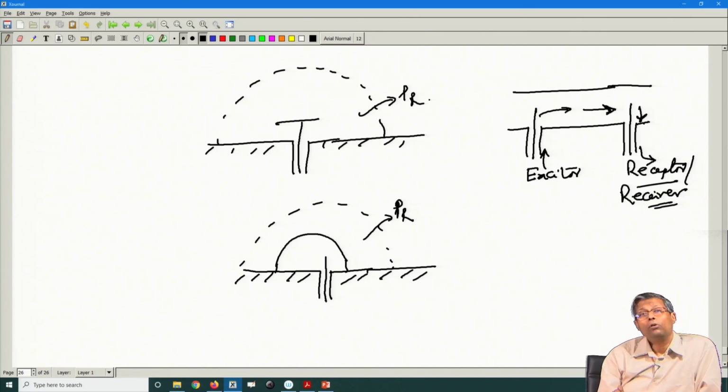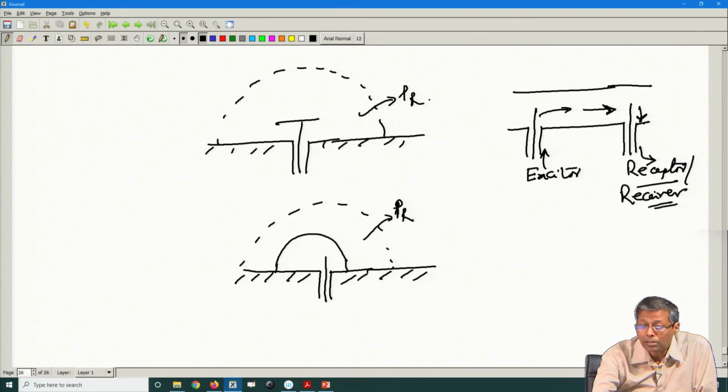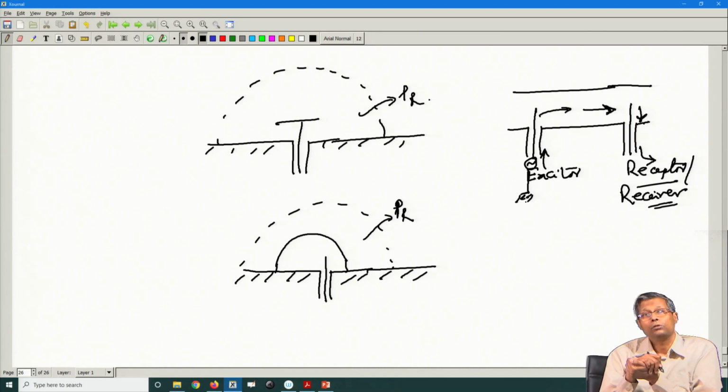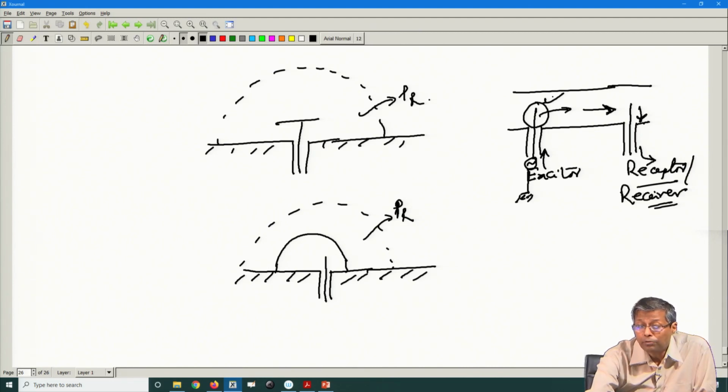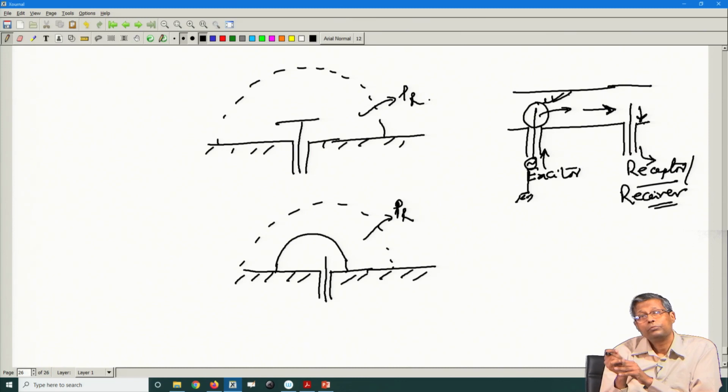However, the reason we spent all this time to discuss the reactive part of the power, which is contributed by the imaginary part of the complex Poynting vector and the stored energy term both together, which is a purely real number, is to match this source of excitation to the waveguide, because for matching this I will need to tune out the reactance here. So, the input impedance of this probe is very vital.